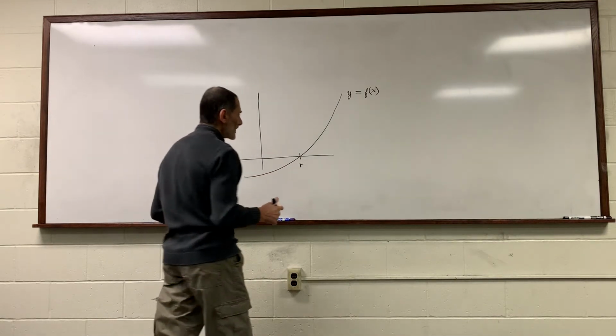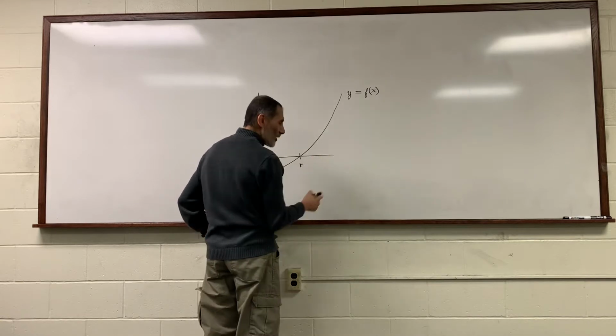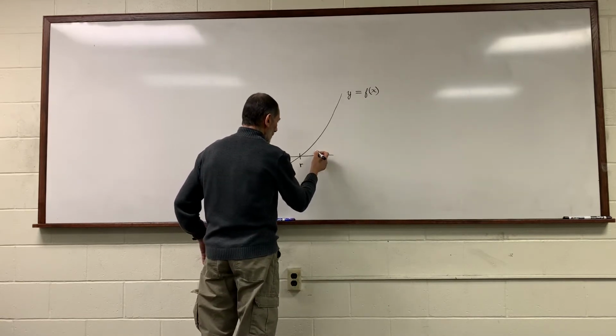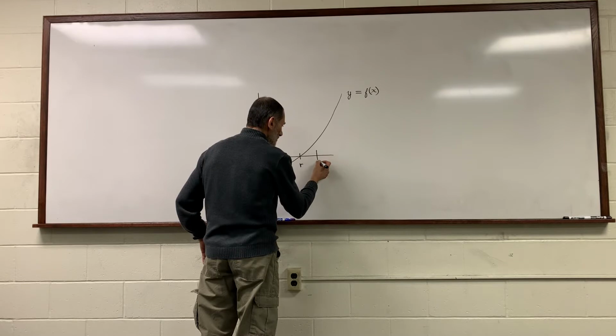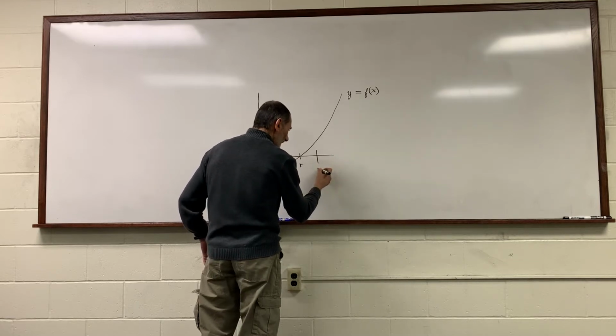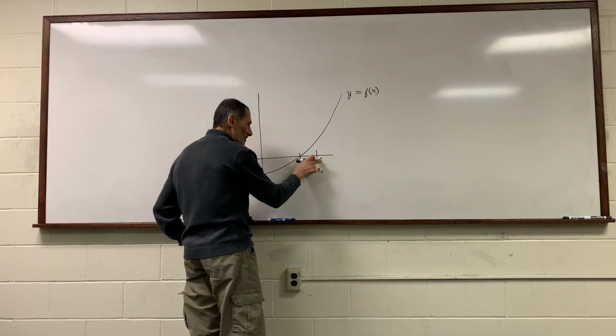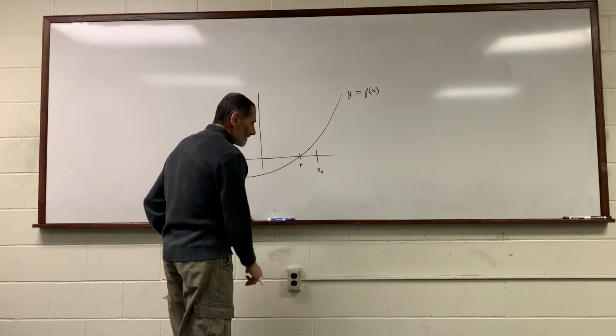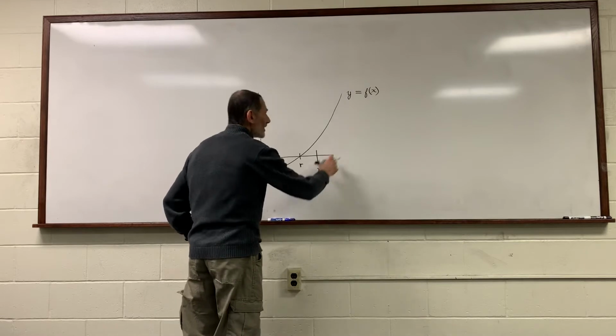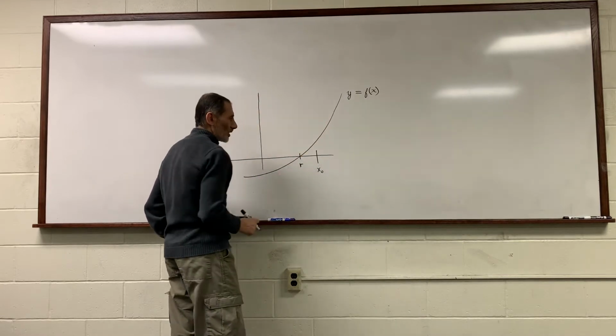If we can find an integer, and preferably an integer because they're easy to work with, that we know is close to the root, I'll call that x sub 0. Imagine that this x sub 0 is very close to r, and x sub 0 makes y close to 0.